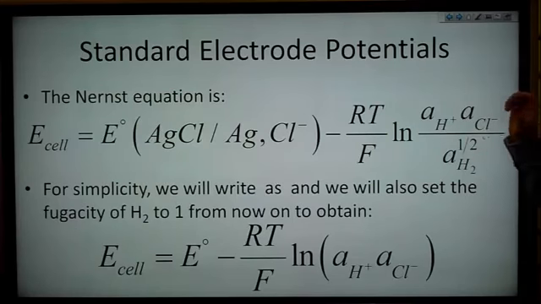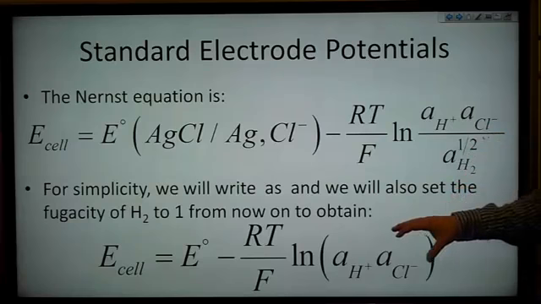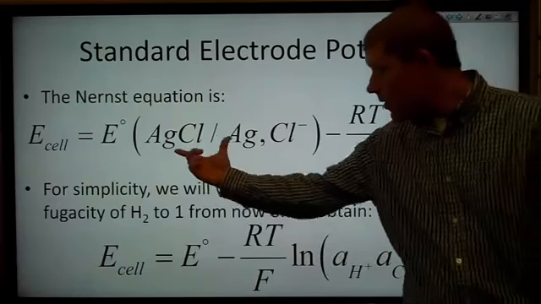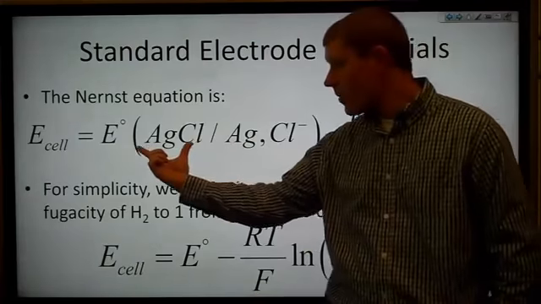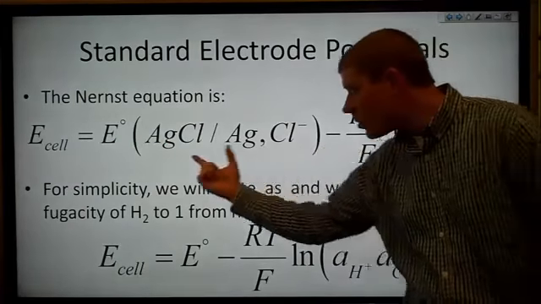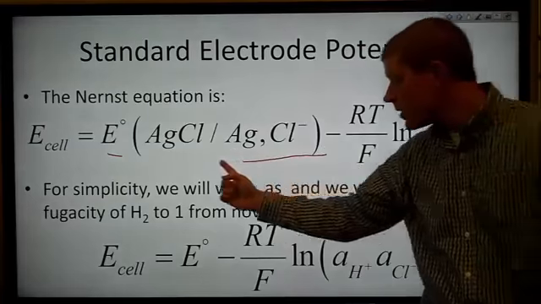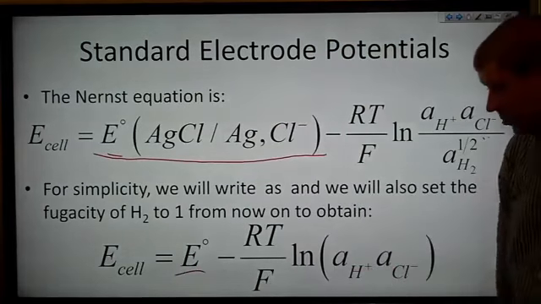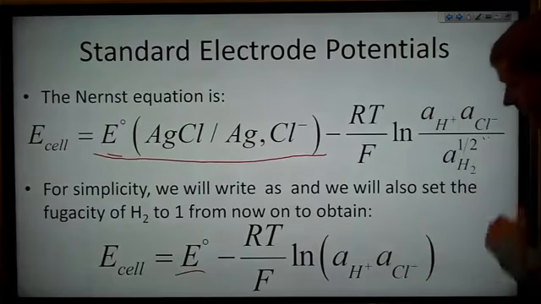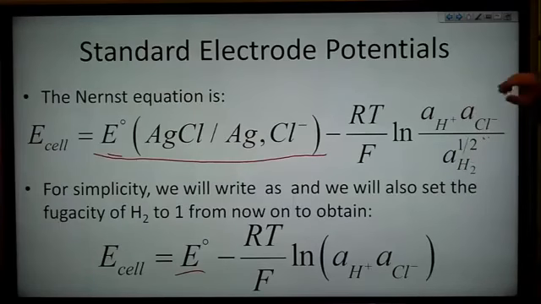So when we take the square root, it's still 1. And we're now going to write this whole term, everything here, just as E0, just to make things simpler. And then we've cleaned up this fraction a little bit.